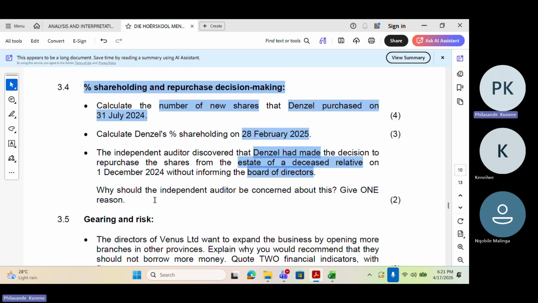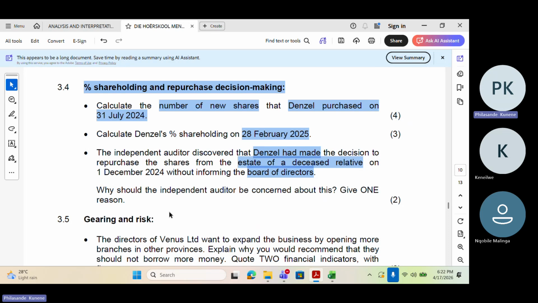Okay, why should the independent auditor be concerned about this? Give one reason for this. So now in this question, is it the right thing to just buy shares of an estate? But remember, this one is a CFO. There's something that we spoke about, which was insider trading. I'm not sure if I did speak about that with you guys.